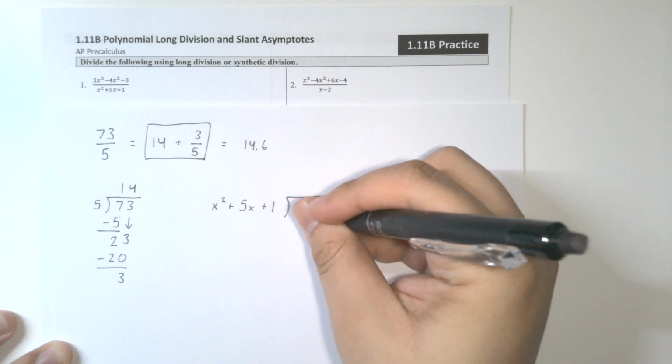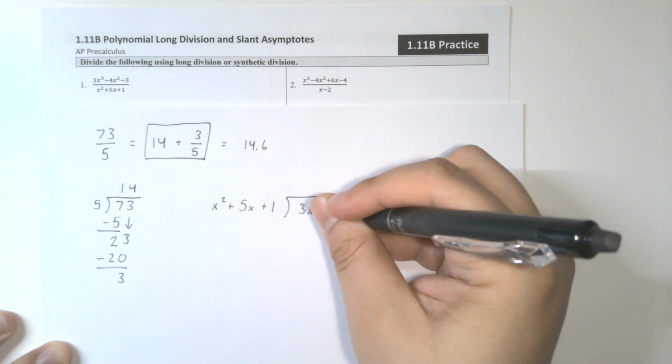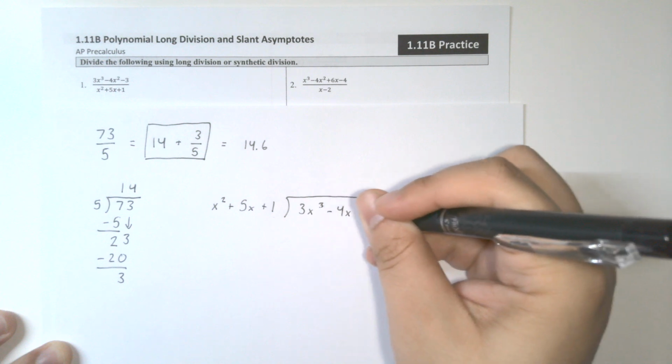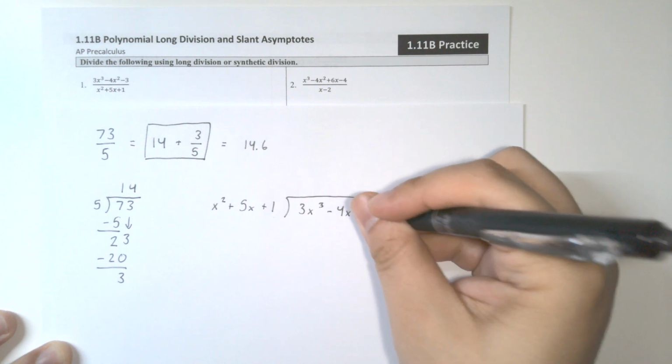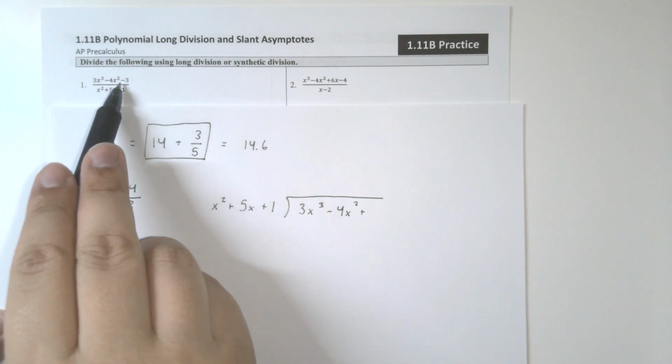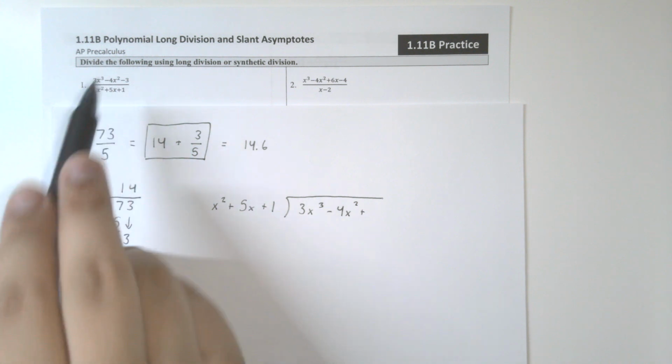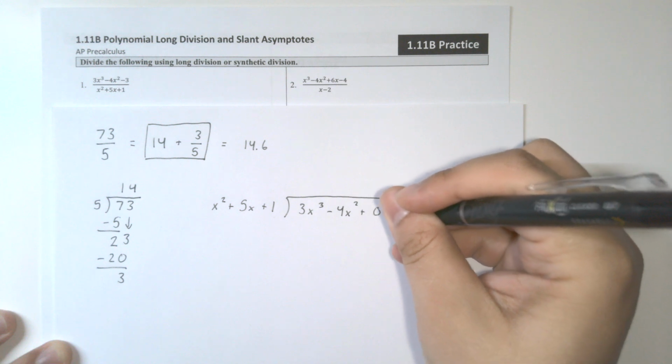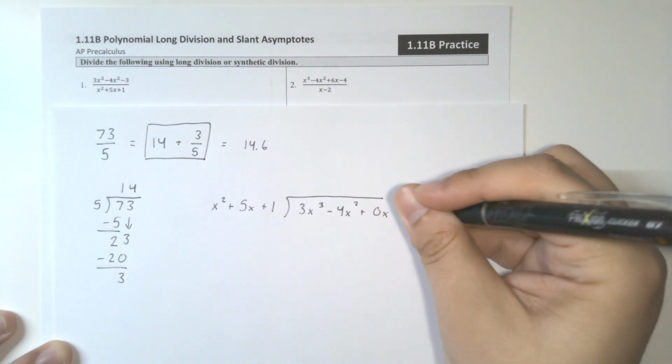And we ask ourselves, how many times does that go into 3x cubed minus 4x squared? We have to remember to put 0x right here as a placeholder, and then minus 3.